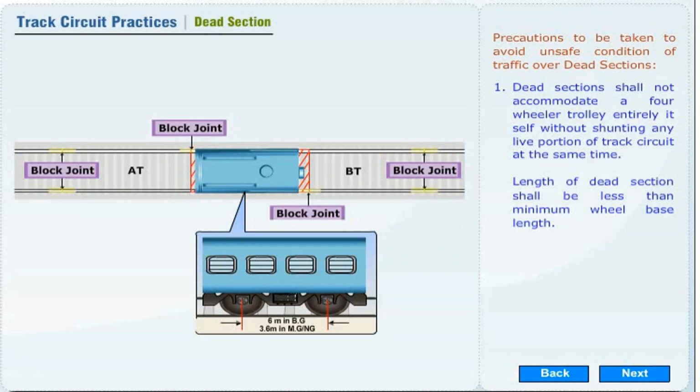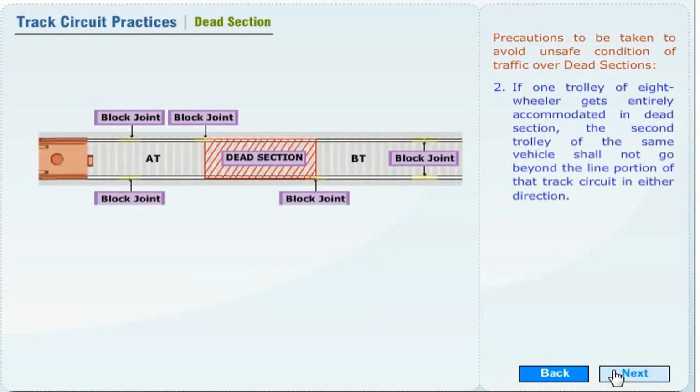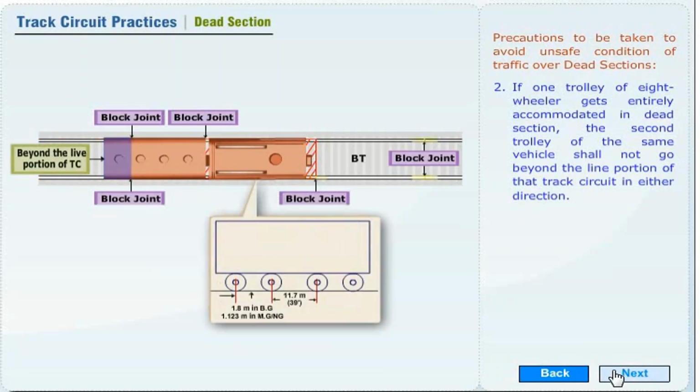Length of dead section shall be less than minimum wheelbase length. If one trolley of 8-wheeler gets entirely accommodated in dead section, the second trolley of the same vehicle shall not go beyond the live portion of that track circuit in either direction.